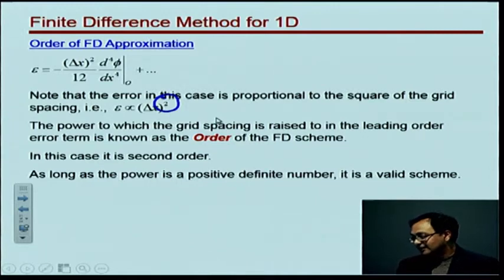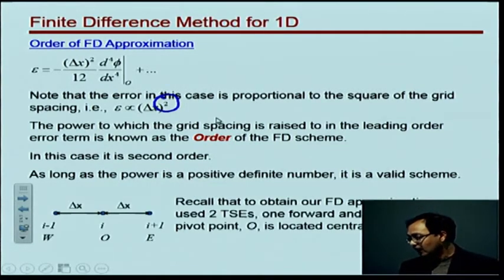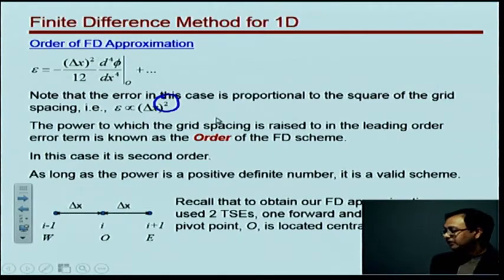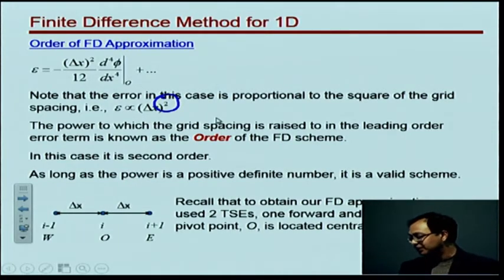Now, recall that we did 2 Taylor series expansions, one forward and one backward. One we did east about naught and the other we did west about naught. One in the forward direction, one in the backward direction, and that's why this kind of scheme is often called a central difference scheme.